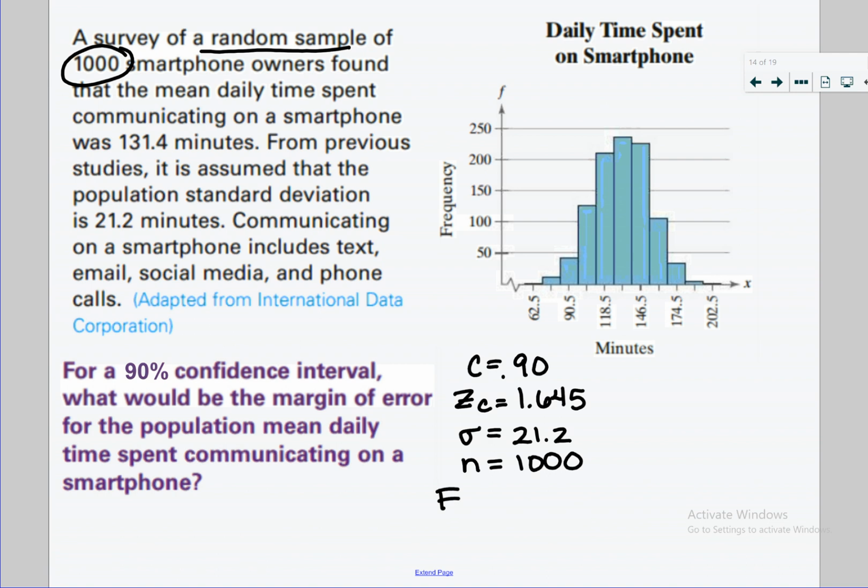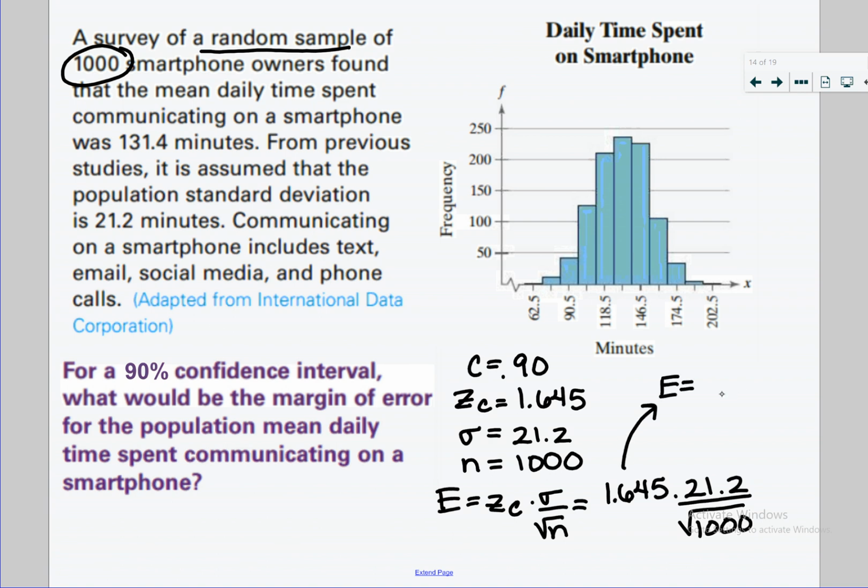Margin of error, critical value of z times the standard deviation divided by the square root of n. So it's 1.645 times 21.2 over the square root of 1,000. 1.645 times 21.2 divided by square root of 1,000 gives me a margin of error of, I'll give it 1 decimal place just because that's how we're rounding in the problem.